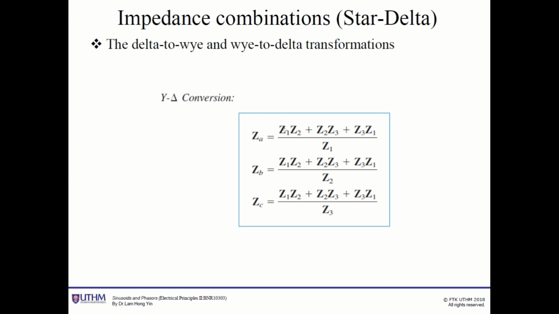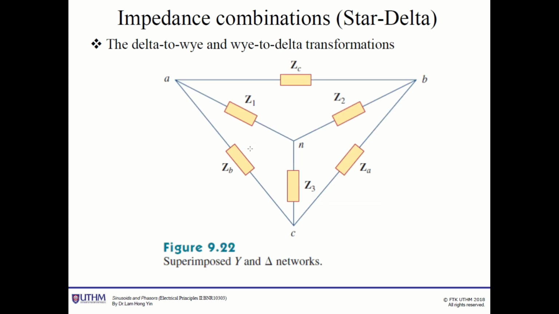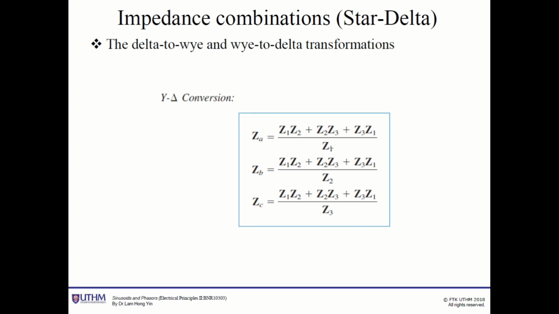ZA is equal to Z1 times Z2 plus Z2 times Z3 plus Z3 times Z1 over Z1. So you need to remember that if you need to find ZA, the expression should be divided by Z1. So Z1 is under the equation.